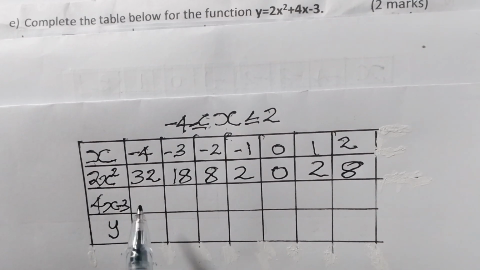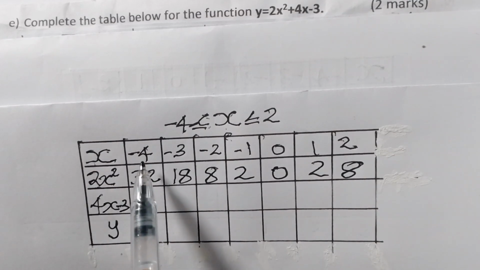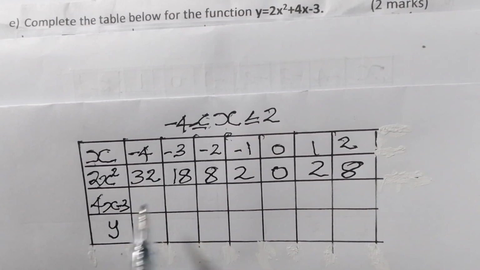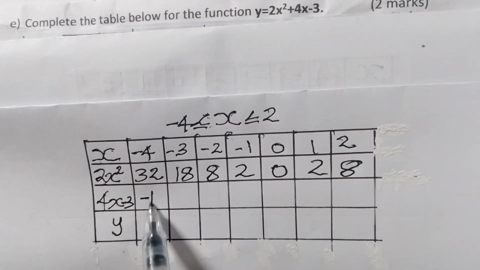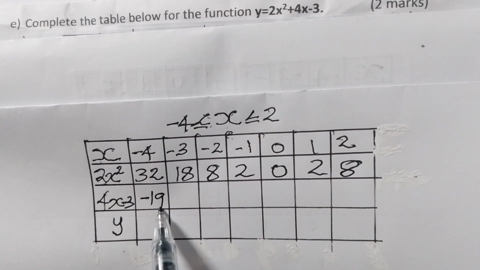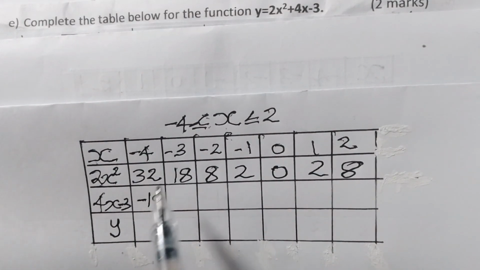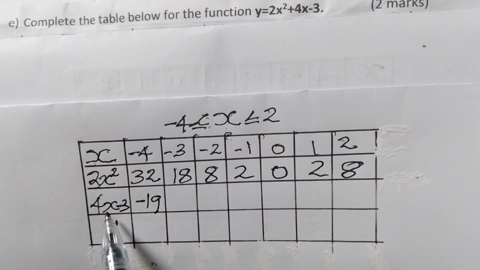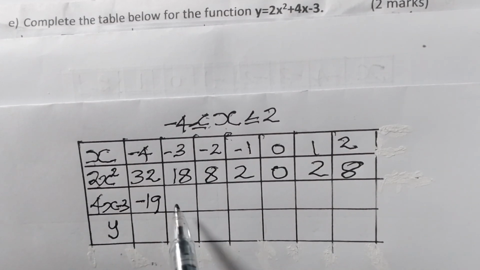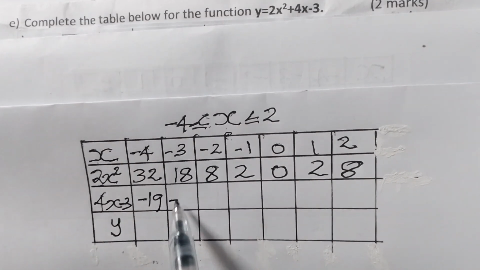4x minus 3. 4 times negative 4 gives you negative 16 minus 3, negative 19. Negative 3 times 4, that is negative 12. Negative 12 minus 3, negative 15.